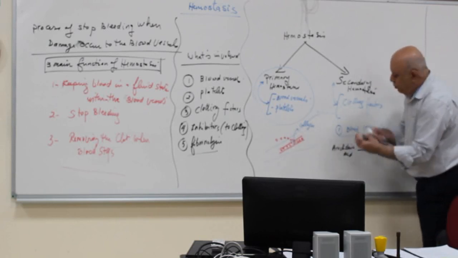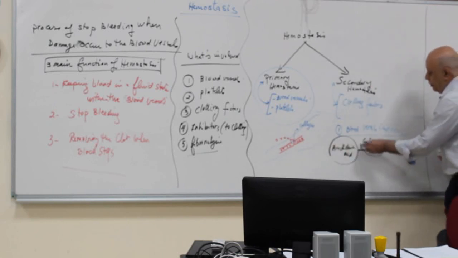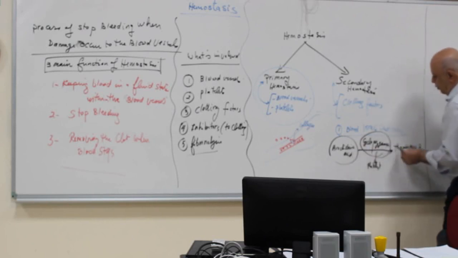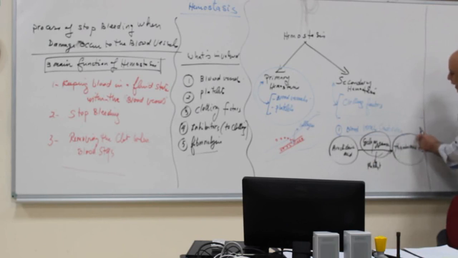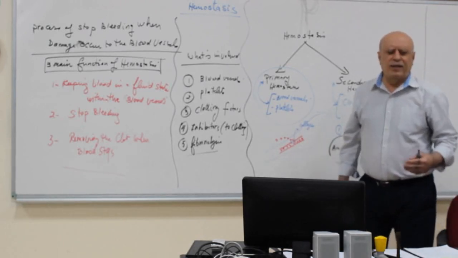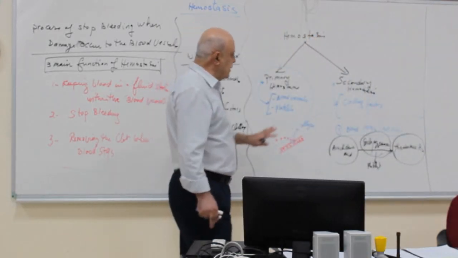As soon as the tissue breaks, it leaks the arachidonic acid and cyclooxygenase from platelets. This turns into thromboxane A2, which acts on the blood vessels to constrict, called a vasoconstrictor. This is the first thing.